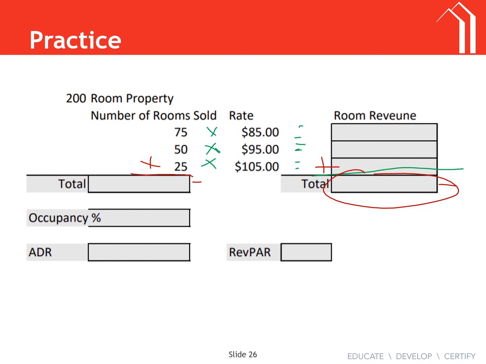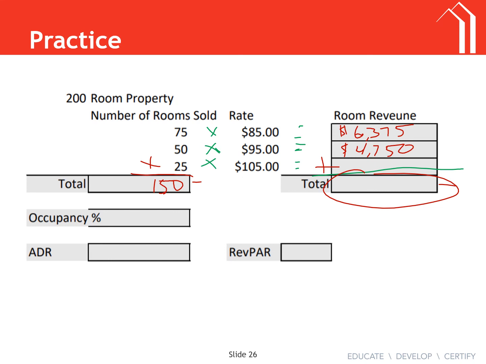Alfred, how many rooms total did we sell? 150 rooms. Okay, so we sold 150 rooms total. Danny, what was 75 rooms sold at 185? Okay. 50 rooms at $95? 4,750. Okay.